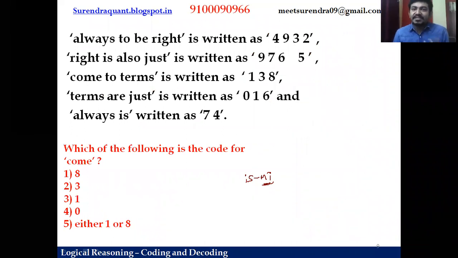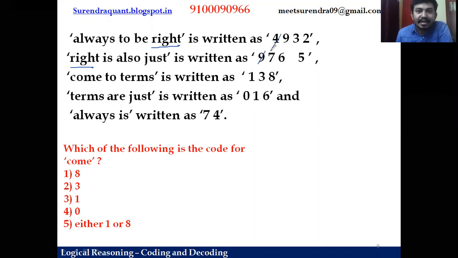Now sentences with numbers are given. What's the best thing? Pause the video, try to solve on your own. If not, you can watch it. Now you have to compare the statements for the common words, right? Here, right is present in this and in this. And the only common number is 9, right? So right is 9.